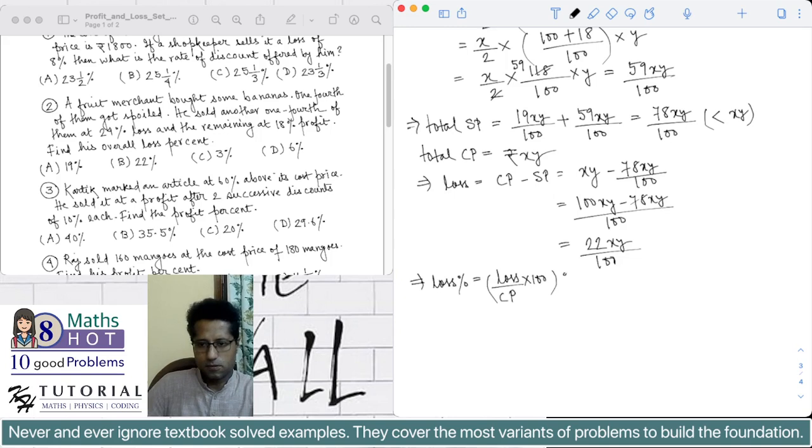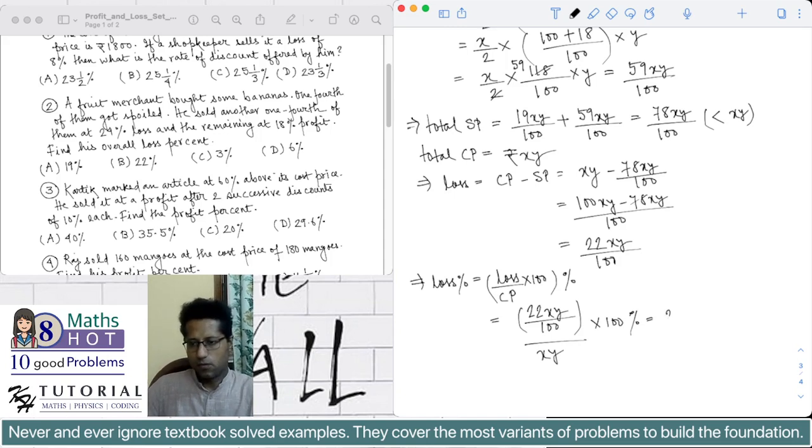The loss is 22xy by 100, and the cost price is xy. Multiplied by 100, this much percentage. This is equal to 22xy multiplied by 100 divided by 100 multiplied by xy.